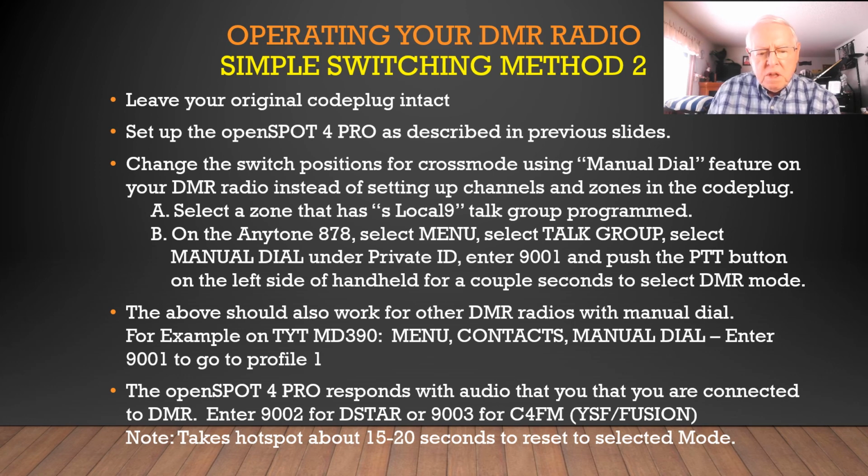Then go to the openSPOT 4 Pro, and you'll hear it respond with audio that you're connected to DMR when you're listening on that channel 9 talk group there. Enter 9002 for D-Star or 9003 for C4FM, which is your Yaesu or your Fusion.